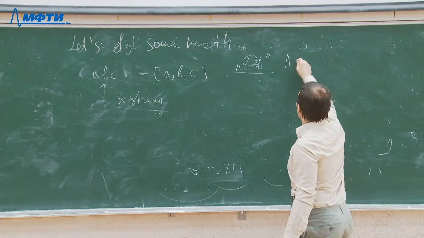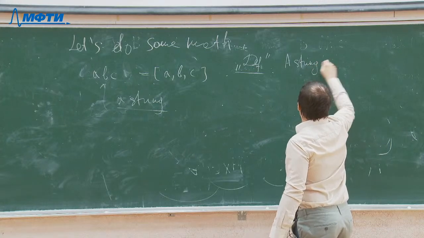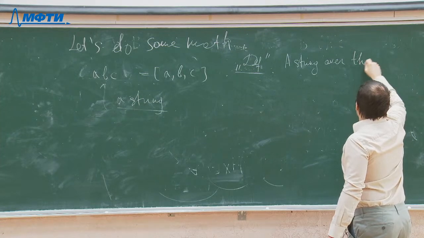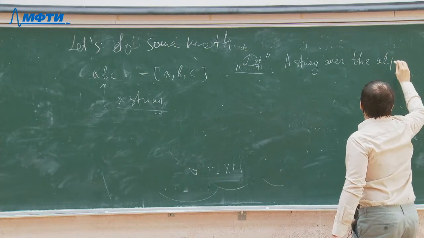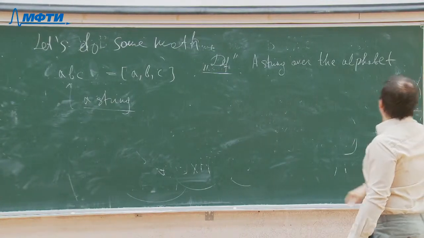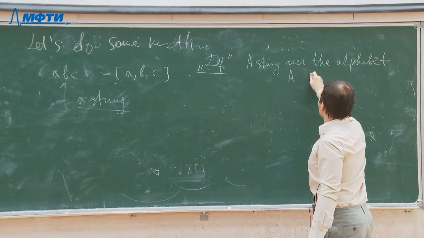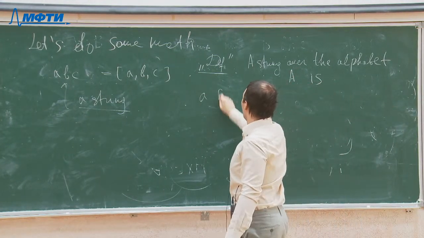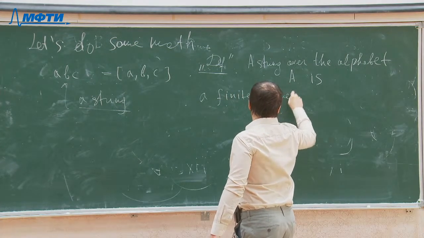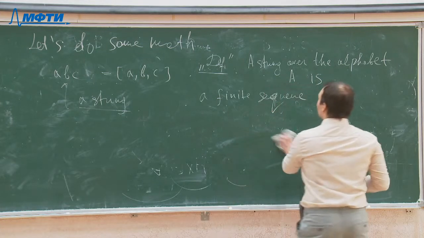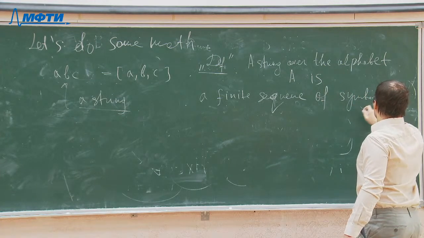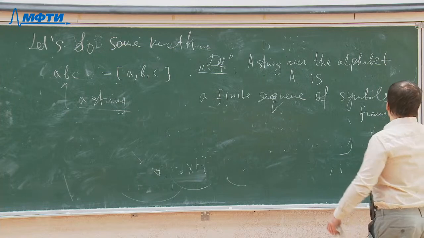A string over the alphabet A is a finite sequence of symbols from A.